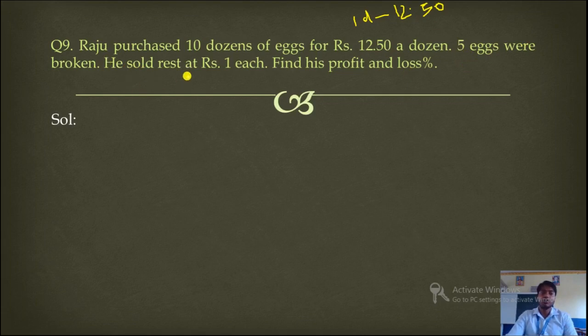He sold rest at rupees 1 each. Find his profit or loss percent.